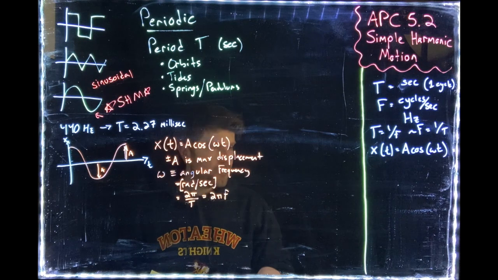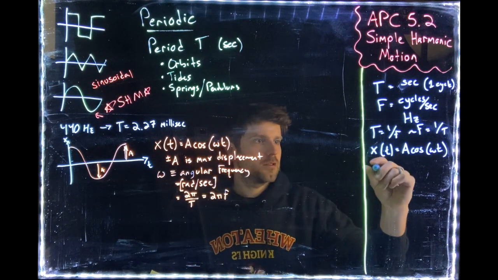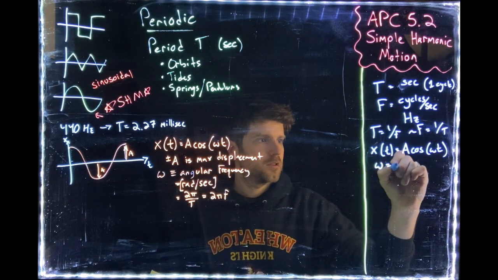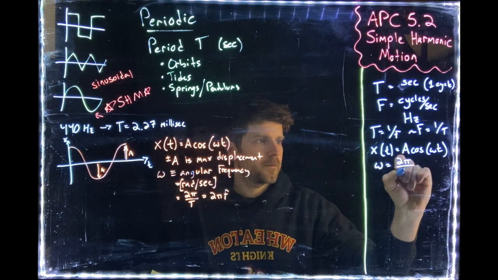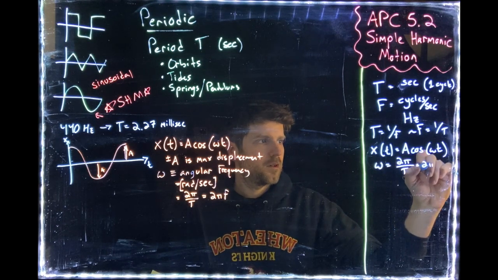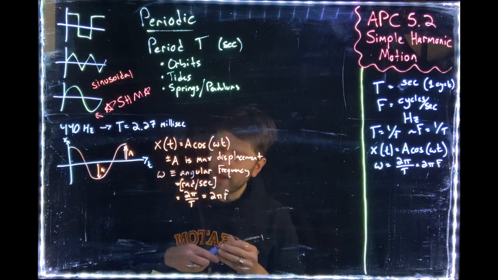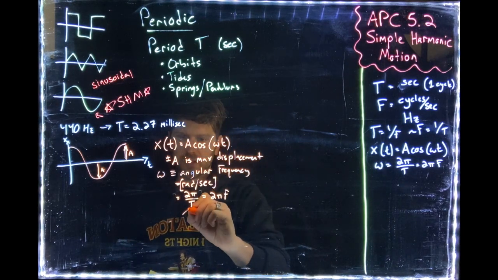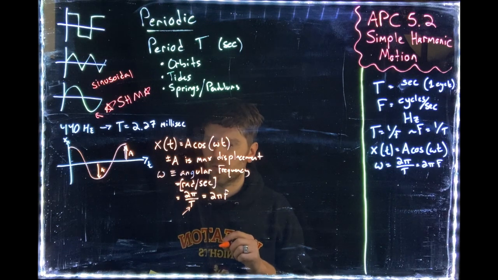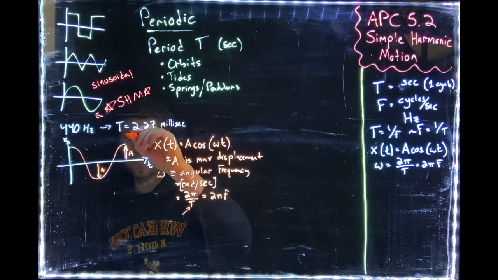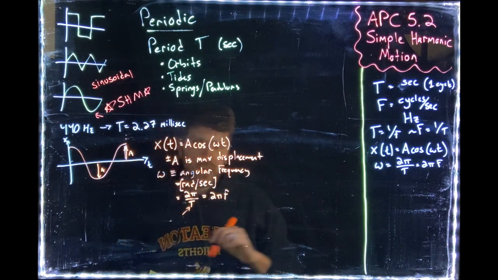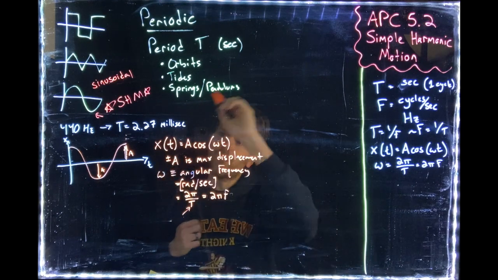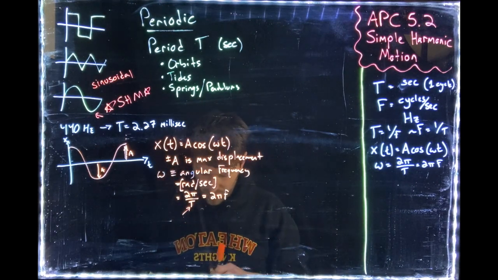And fortunately enough, that is on our equation sheet, but it still bears rewriting here. And what this does is relate the real world motion and the amount of time it takes to go through one cycle in the real world to the time that it takes to go through the 2 pi radians of a full harmonic cycle.